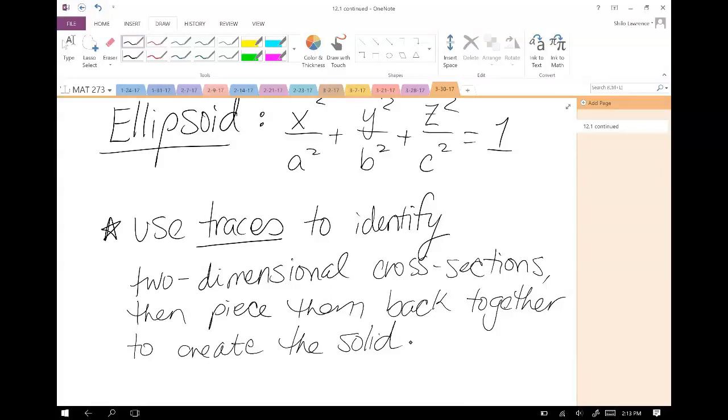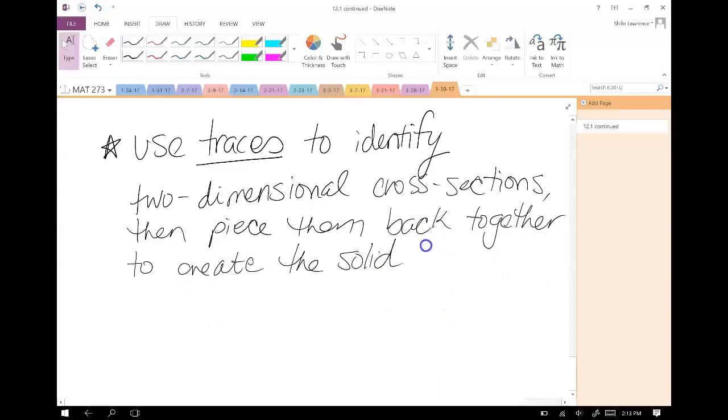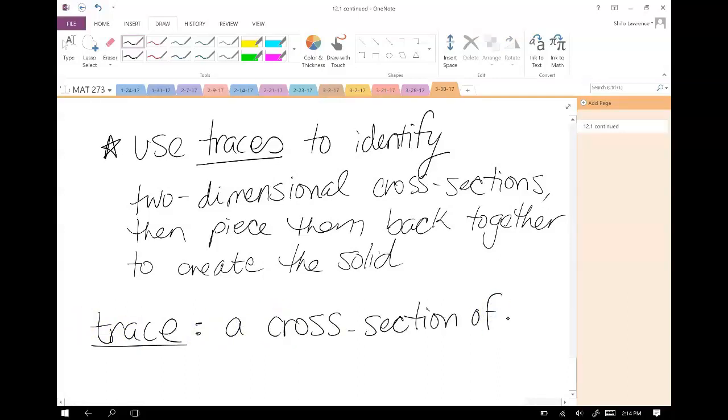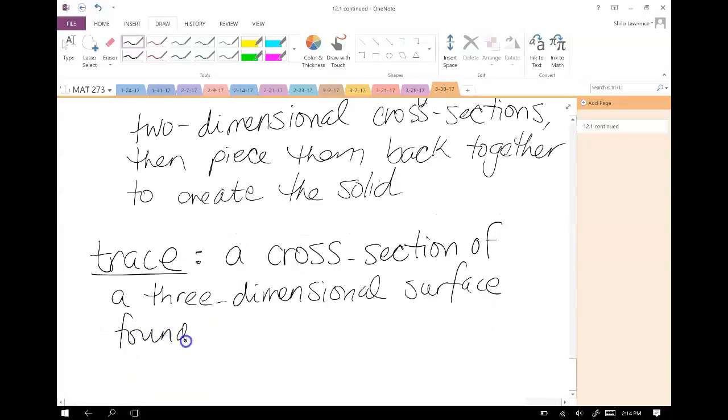If I want to know what the cross section for this surface looks like in the xy plane, then just let z equal 0. In the xy plane, z equals 0. So in general, a trace is a cross section of a three-dimensional surface, and it's found by letting one of the variables just be equal to a constant.